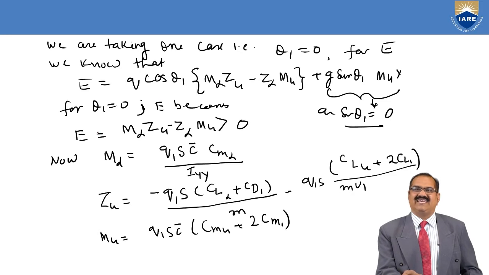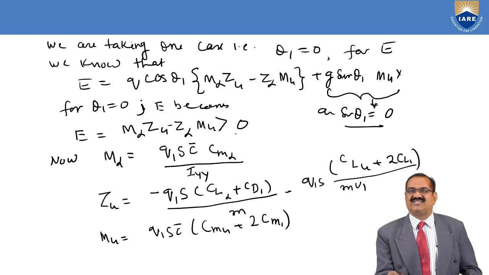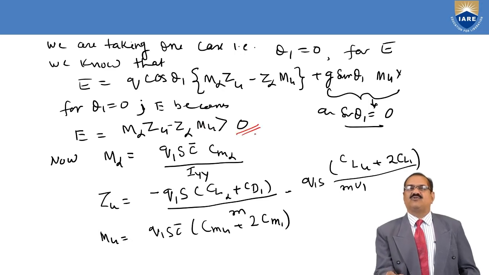So we get E equal to M alpha Z u minus Z alpha M u, and this must be greater than 0. This condition we have to meet.